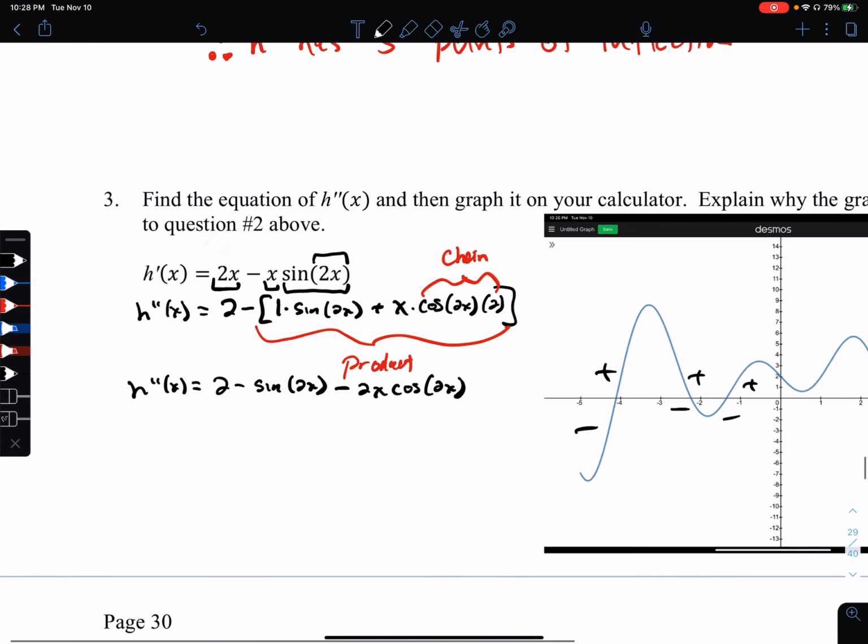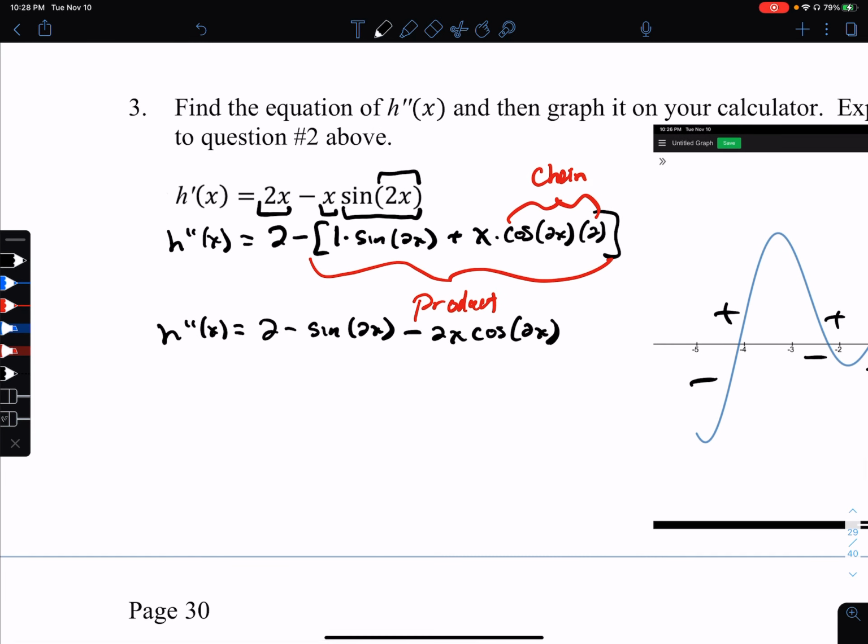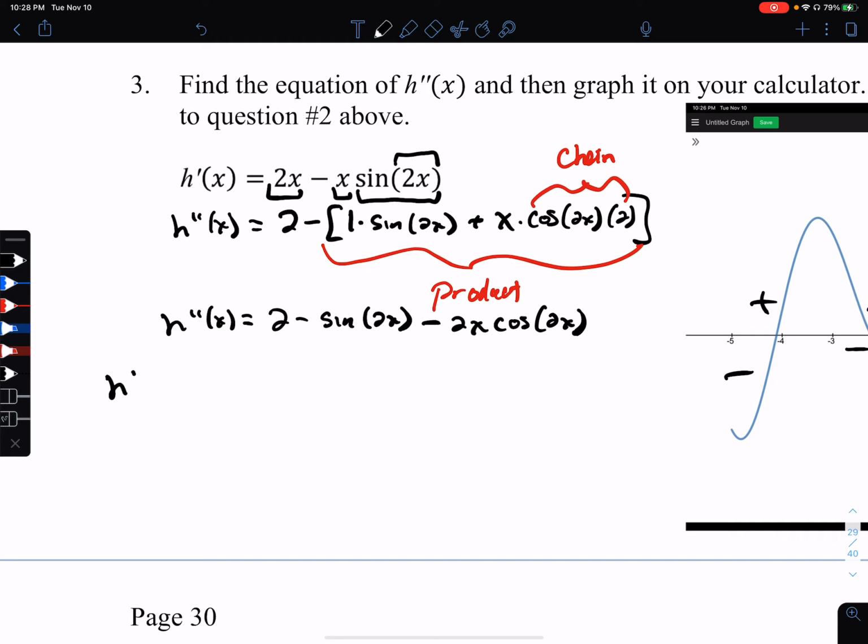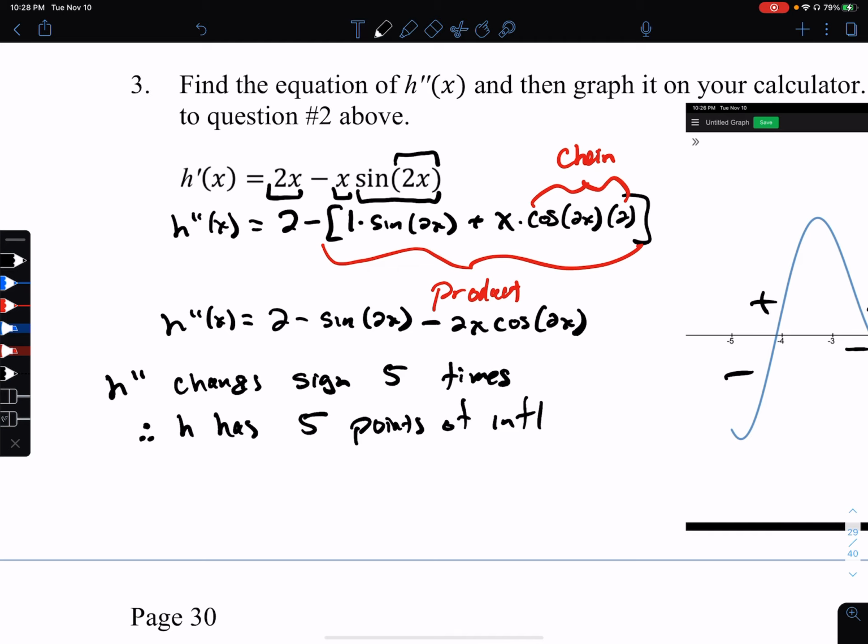So confirmed. So to write this out, we could say h double prime changes sign 5 times. Therefore, h has 5 points of inflection.